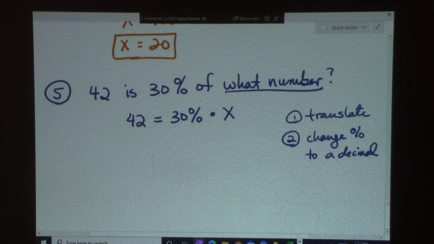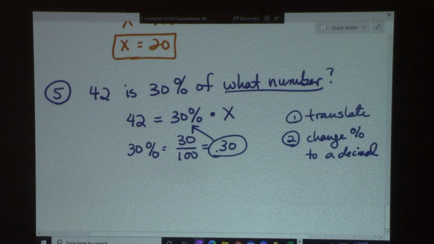So 30% becomes 30 over 100, which is 0.30. So now I'm going to take this and put that in there. So I have 42 equals 0.30 times X.